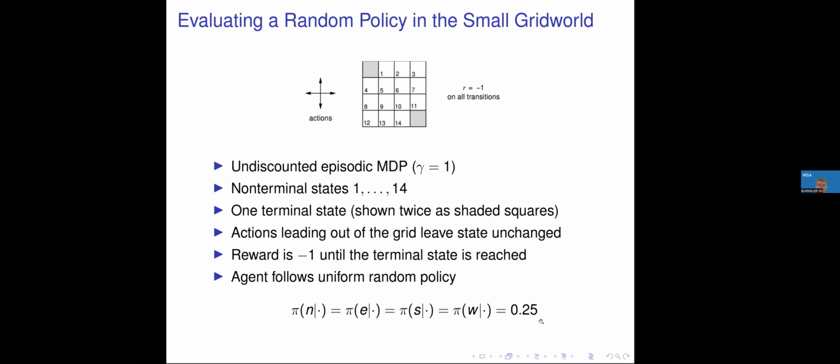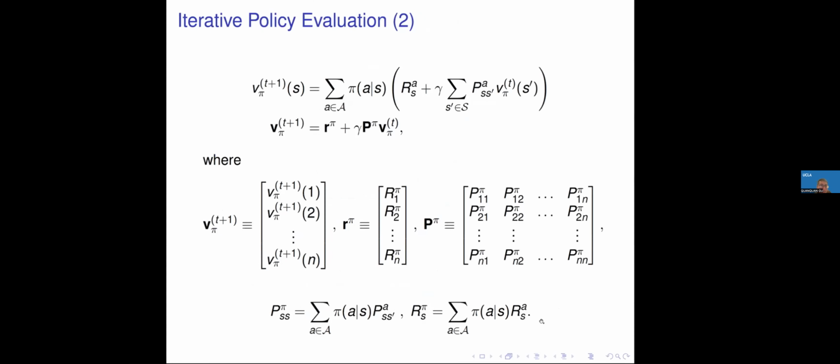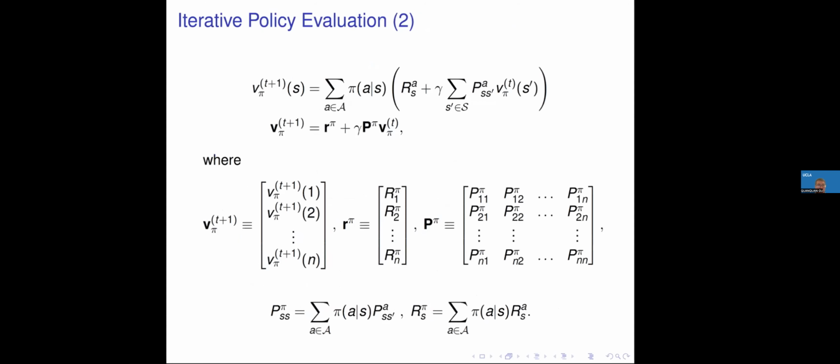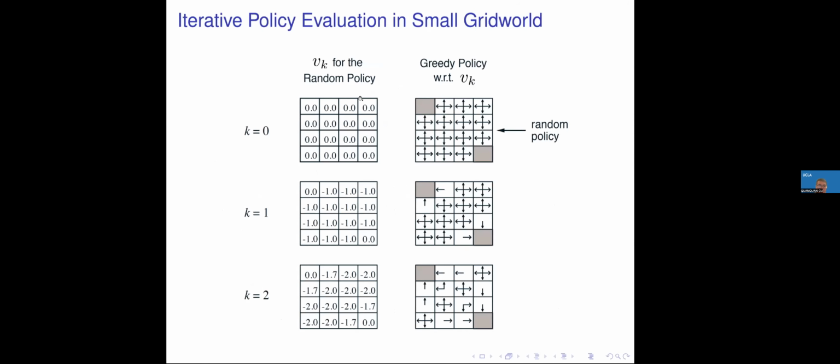So we run the policy evaluation algorithm, which is derived from the Bellman equation. We start from an initial guess, assuming the values at all states are equal to 0. Then we run value iteration to evaluate the random policy.